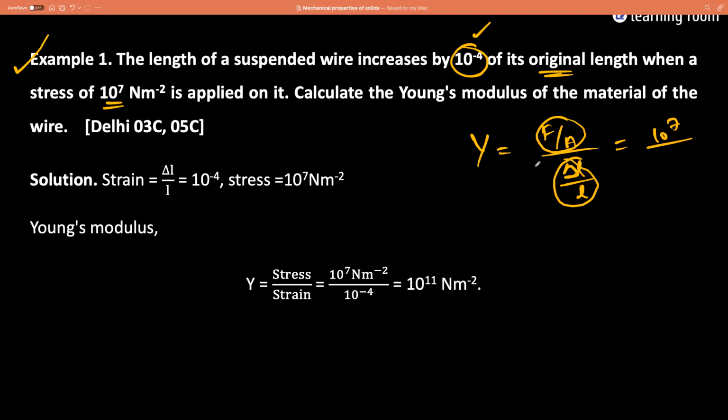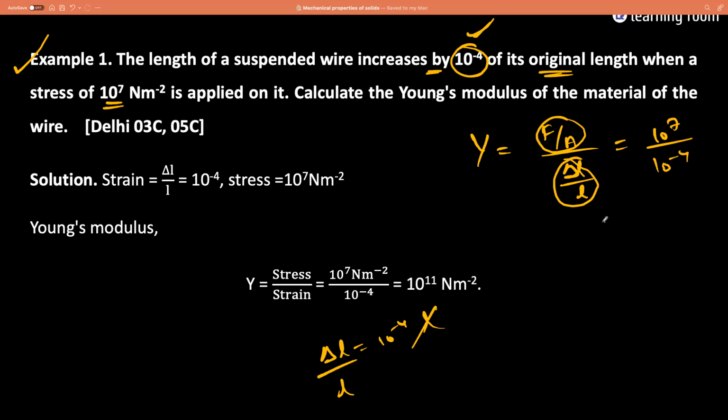Read the question carefully. Increases by, not increases to. Increases by, and put that as the change. So delta L by L itself is 10 power minus 4. Increases by 10 power minus 4 of its original length, so delta L by L will be 10 power minus 4.